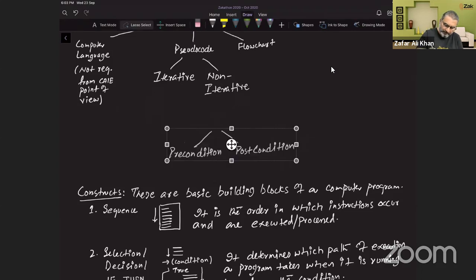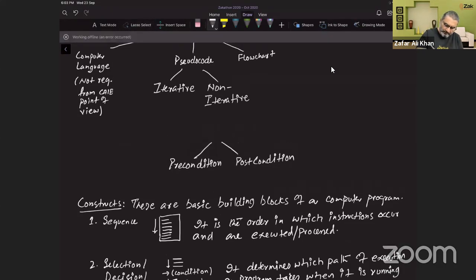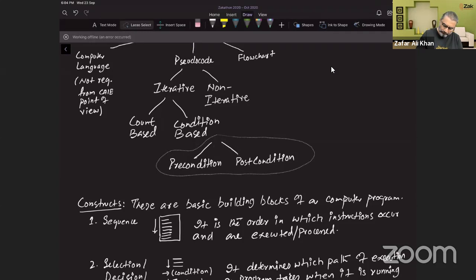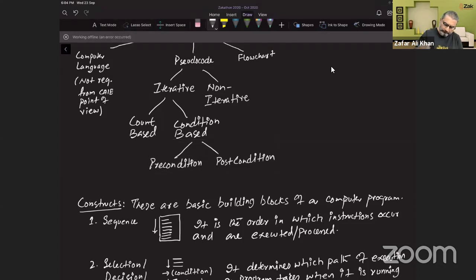Let's put it this way, that count based and condition based. And in condition based, there are two. Precondition and post condition.